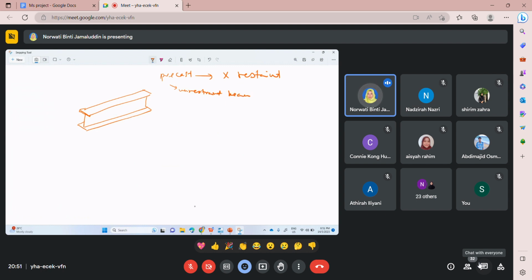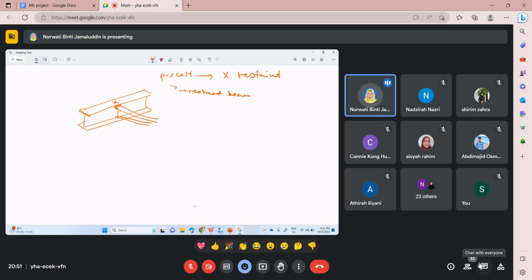But the thing is, for a beam, you may have another structural member that is attached or connected to it. This connection and this structure can provide restraint at this specific point.